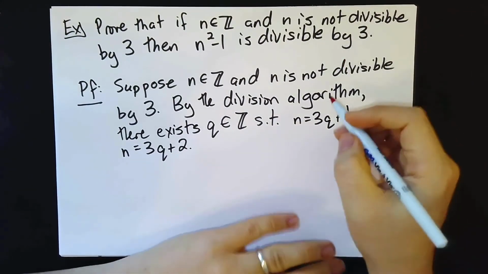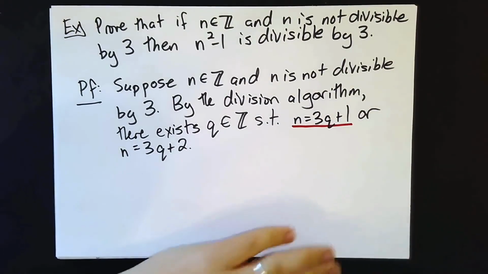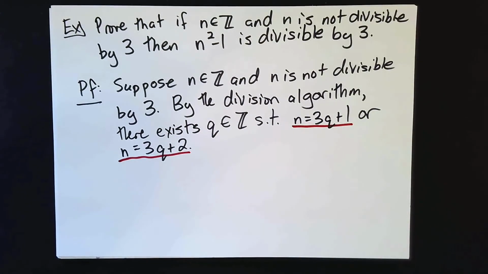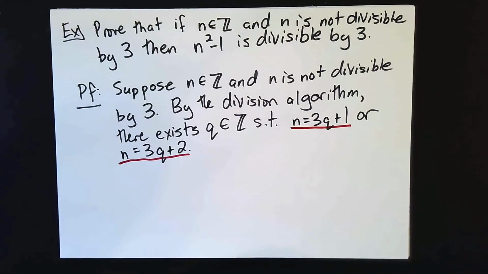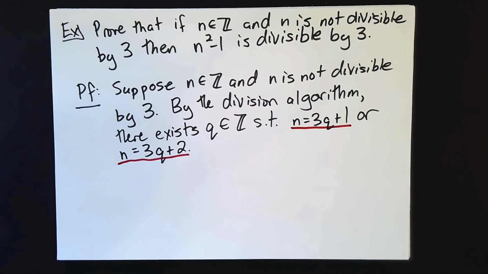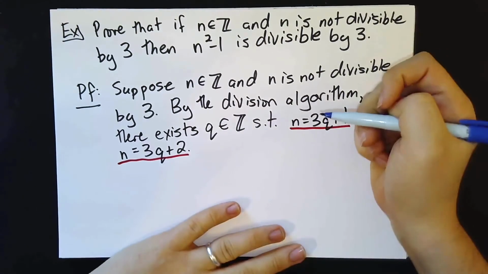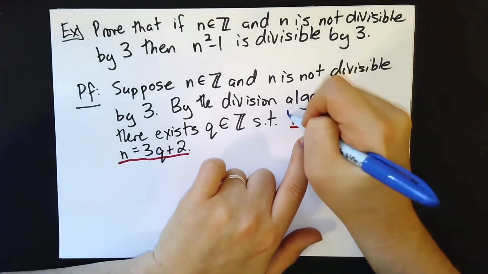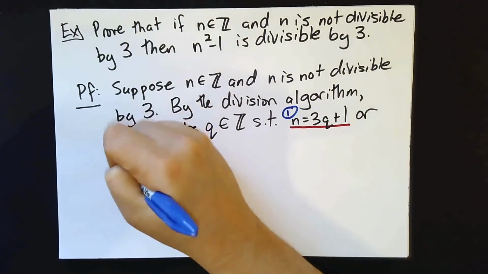Namely, we get to say n is equal to 3q plus 1, or n is 3q plus 2. And from there, we can do a lot more. Namely, what I'm really going to do here is something that we're going to call proof by cases eventually, which is to say, okay, there's 2 possibilities. I'm just going to look at those 2 possibilities.